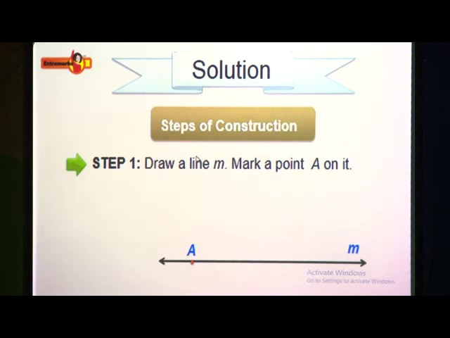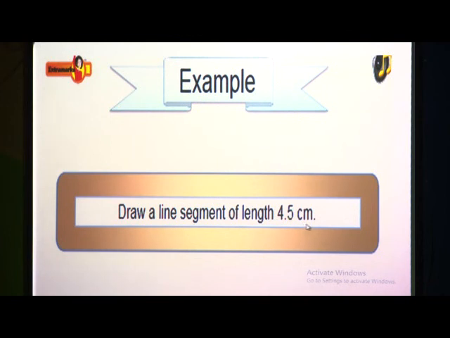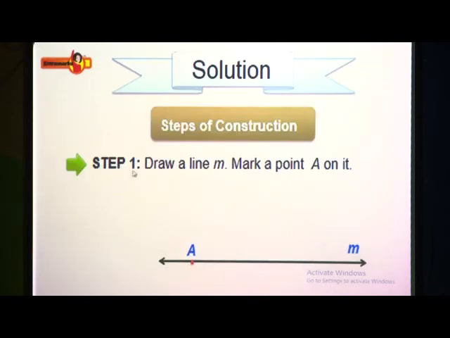So just now we have seen we have to draw a line segment of length 4.5 centimeter. So steps of construction, you need to write this compulsorily in your notebooks. So step 1 is draw a line M, mark point A on it. So you have taken a ruler and you have drawn a line.